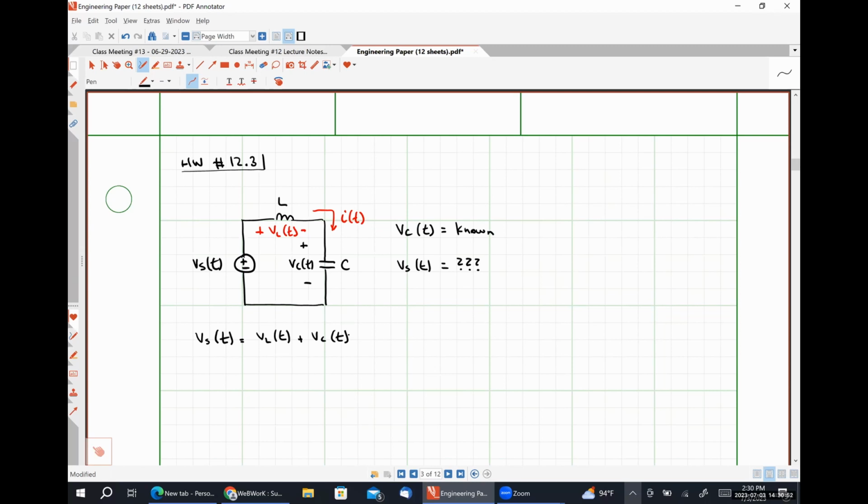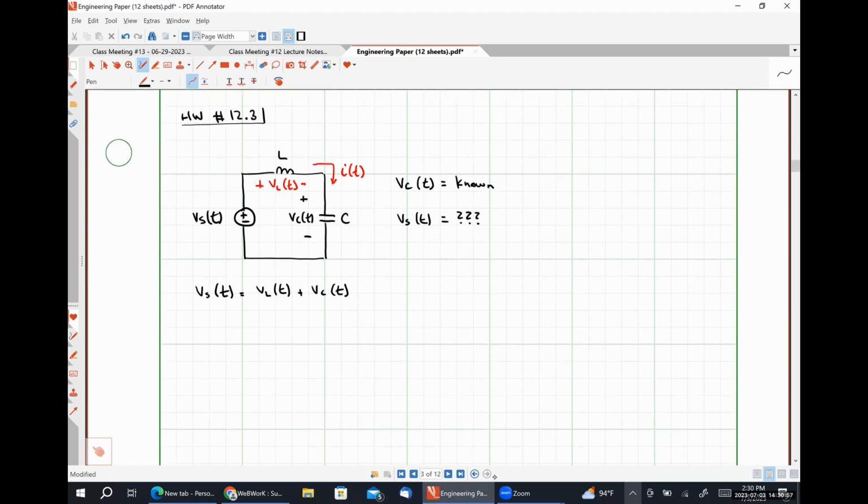The voltage drop across my inductor, recall from Thursday's lecture, is L times the derivative of our current. So L di by dt plus Vc of t. But we don't know what the current is.